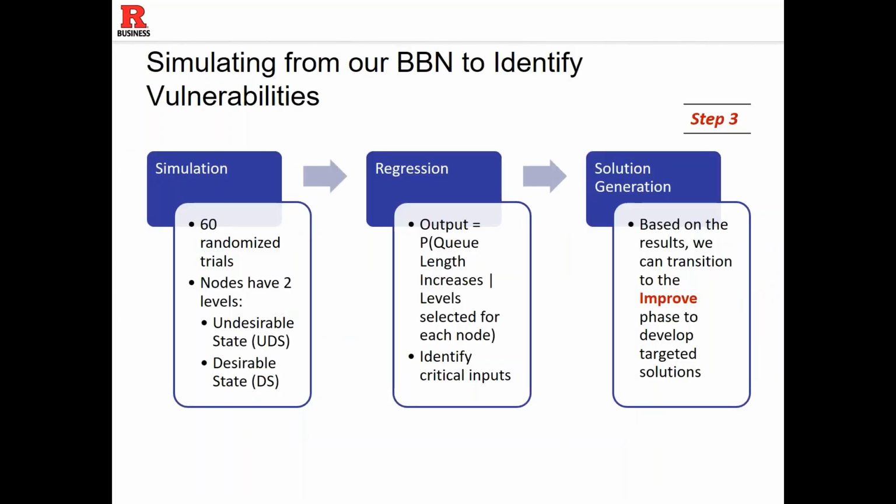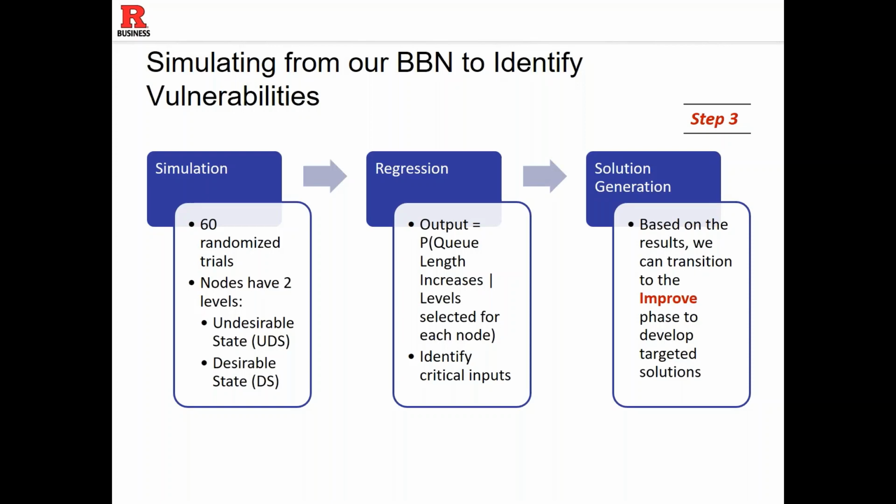So how do we do this? What we did in our case was execute 60 random trials, which are very quick to do. Each node has two states, an undesirable state and a desirable state. And we did a regression analysis on the output, the output being the probability the Q length increases given a certain set of experiments.